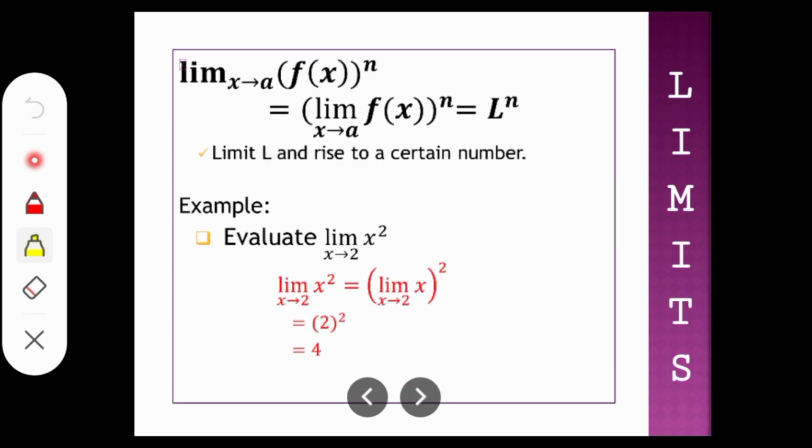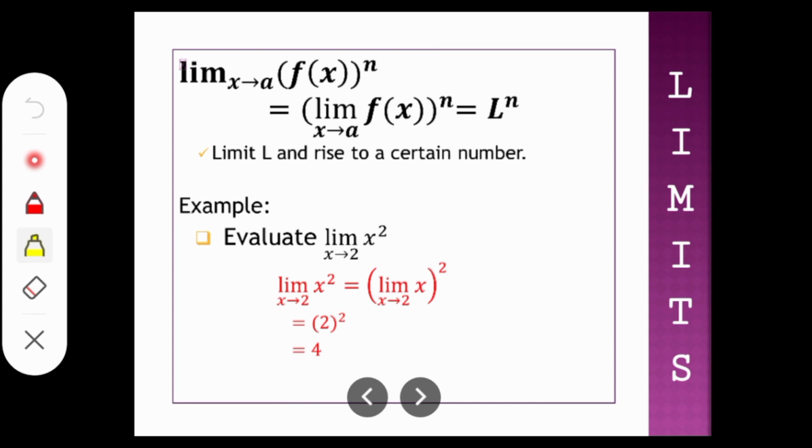Next, property number 6. The limit of f of x raised to n as x approaches a is simply equal to the quantity limit of f of x, raised to n. If we have this type of limit, we can evaluate the limit L as x approaches a, and we raise it to n, which is a certain number that is the exponent. So let's have an example.